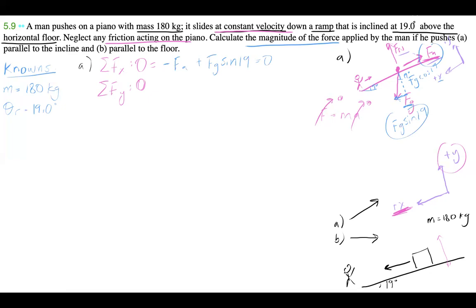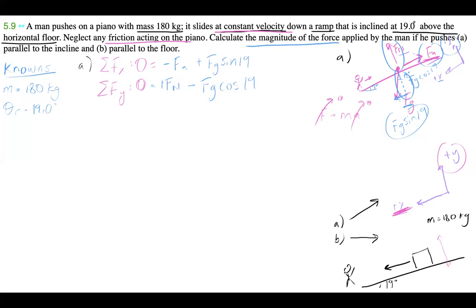We said it was equal to 0, which means that this component is equal to this component. So positive FN, because it's in the positive y direction, minus FG cos 19 equals 0. I realize this is redundant, so I'm just going to erase this. All right, there we go.